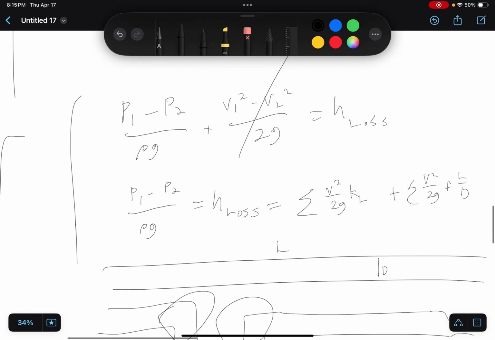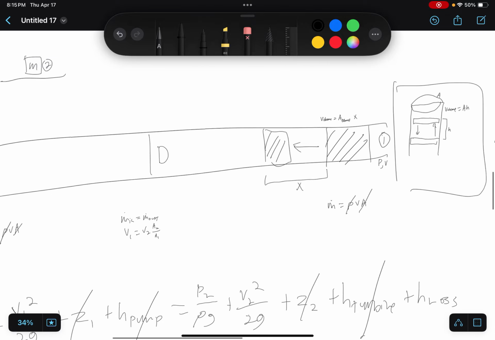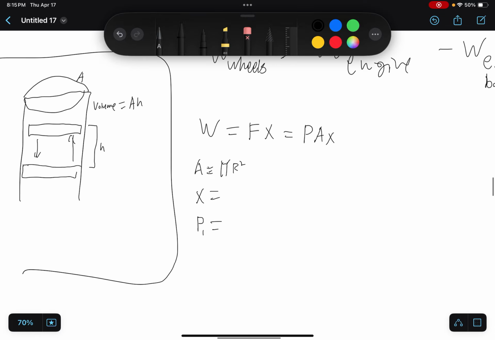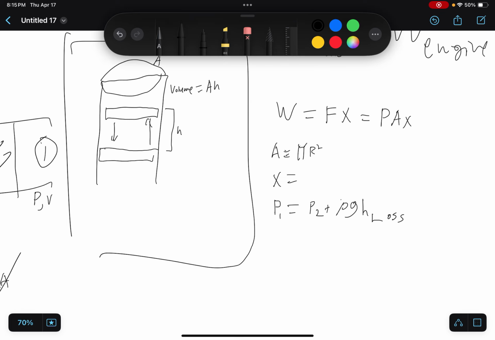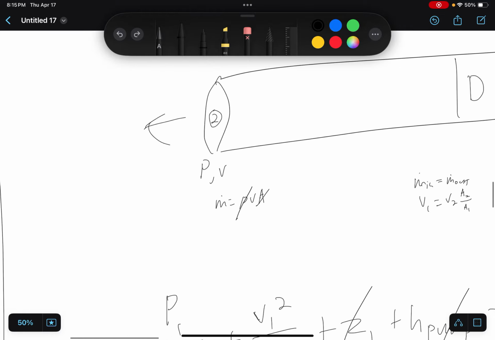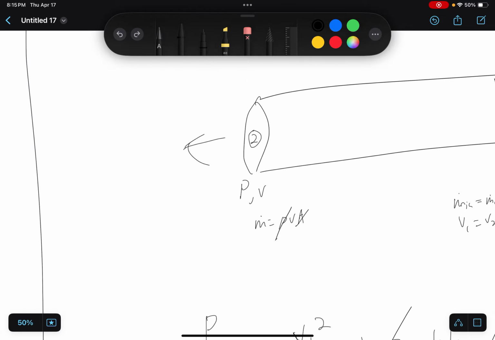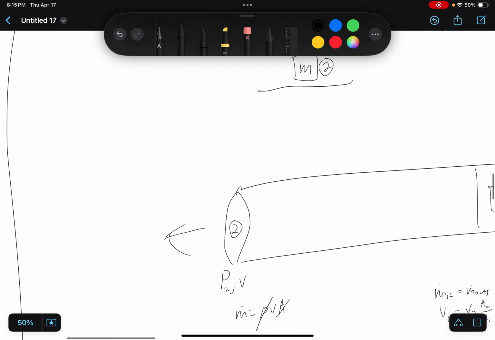So if we solve for P1, we get P2 plus density times gravity times head loss. Okay. So what is P2? It is a number and it's easy to calculate. It is literally atmospheric pressure. So P2 equals P atmospheric.